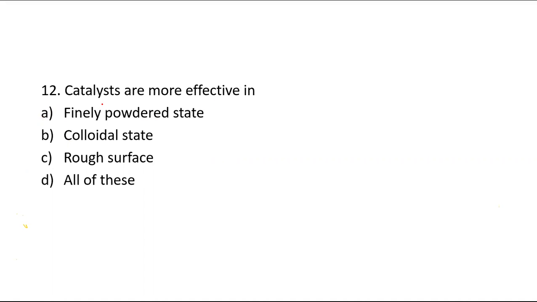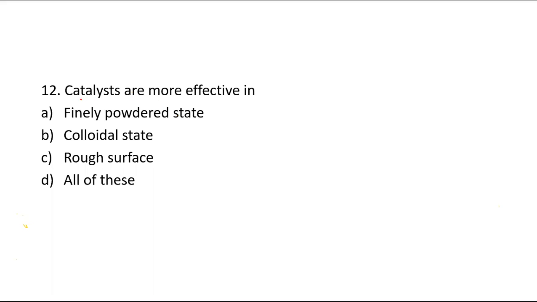Next question. Catalysts are more effective in finely powdered state, colloidal state, rough surface, all of this. See, before going to solve this problem, I'll tell you the characteristic property of this one.